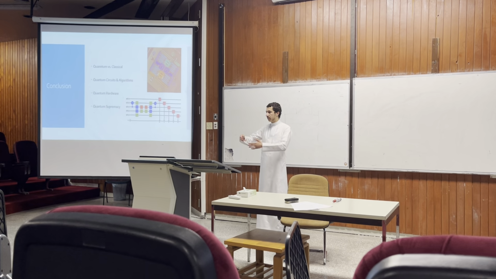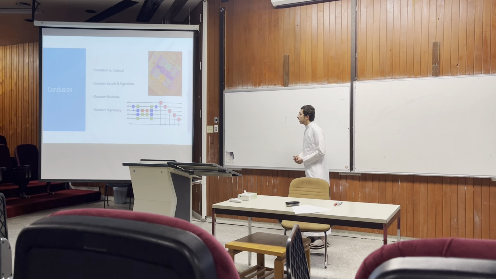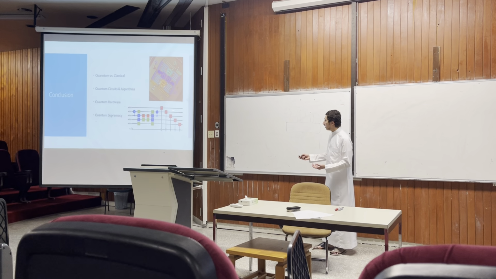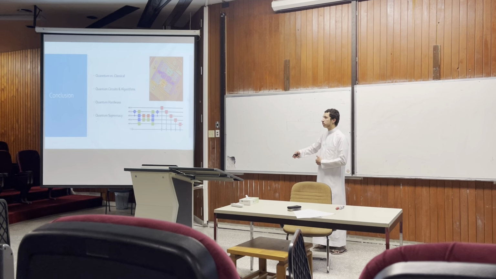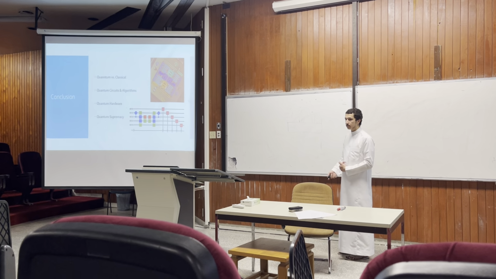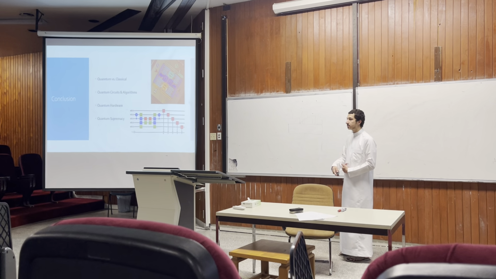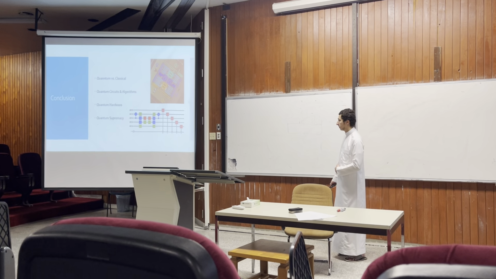The speed, obviously, because of the superposition, but also because of the superposition and in some cases the entanglement, it allows us manipulation of qubits in ways that we couldn't usually manipulate our bits. And so it allows us to solve more complex problems more efficiently, and sometimes it allows us to solve problems that wouldn't usually be solved with a classical computer.